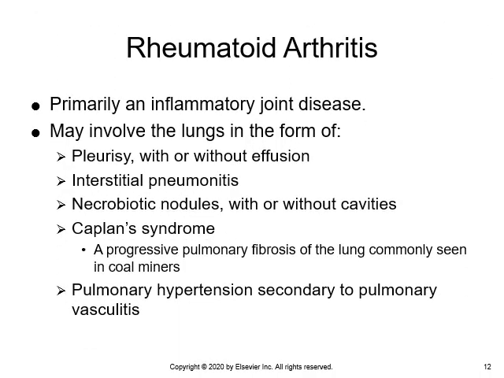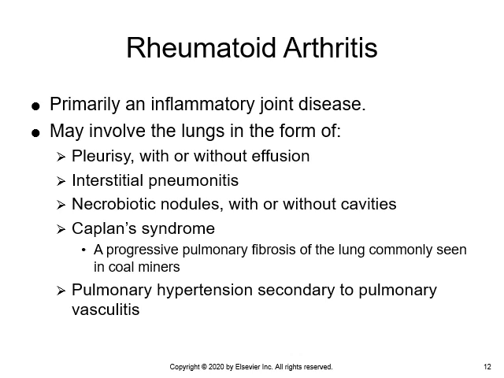Rheumatoid arthritis. Rheumatoid arthritis is primarily an inflammatory joint disease. It may, however, involve the lungs in the form of pleurisy with or without effusion, interstitial pneumonitis, necrobiotic nodules with or without cavities, Kaplan syndrome, and pulmonary hypertension secondary to pulmonary vasculitis.